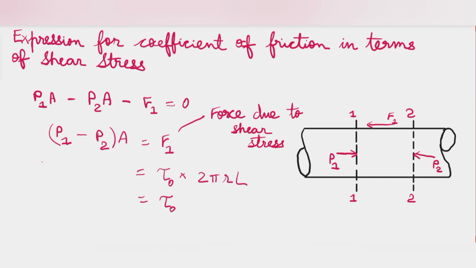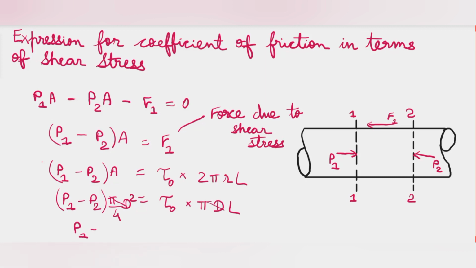That force will be tau naught into the wetted area, and the wetted area is 2 pi RL, or we can say pi d L. So (P1 minus P2) into A, where the area is pi by 4 d square, as this is a pipe, which means a circle, and the area of a circle is pi by 4 d square.